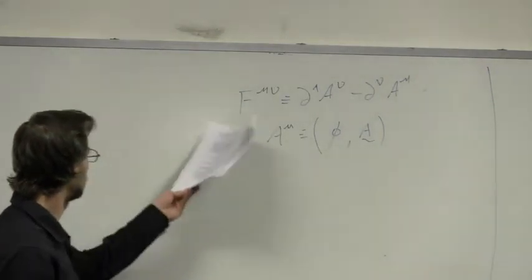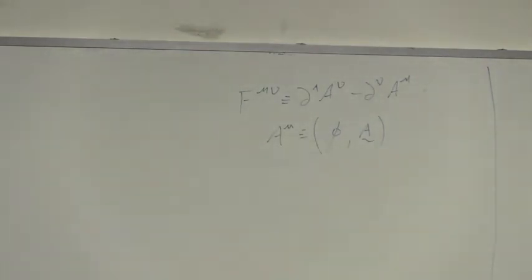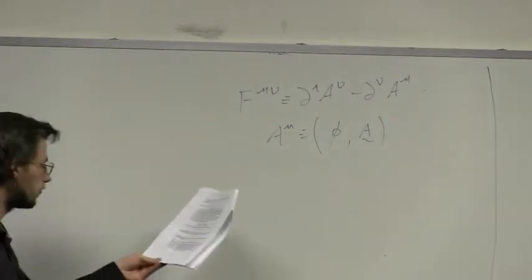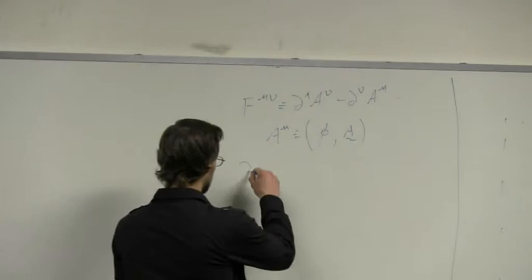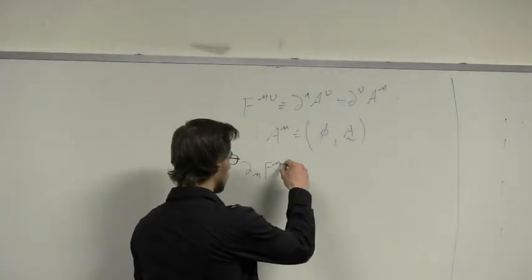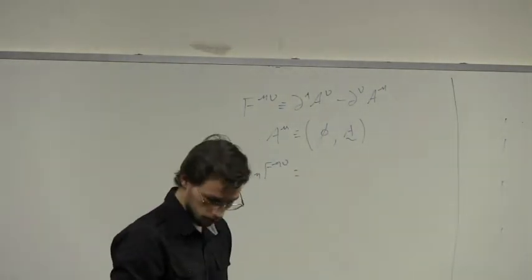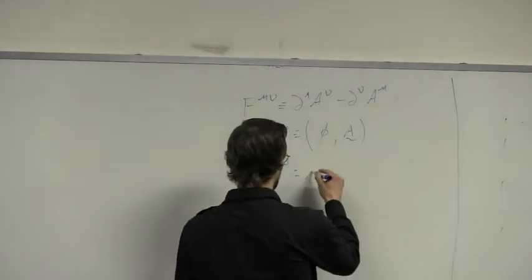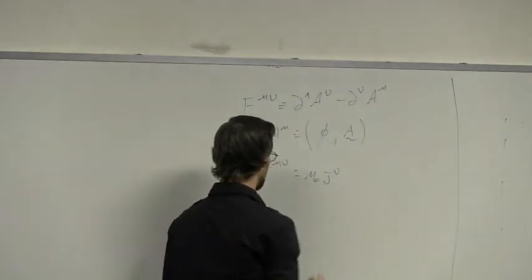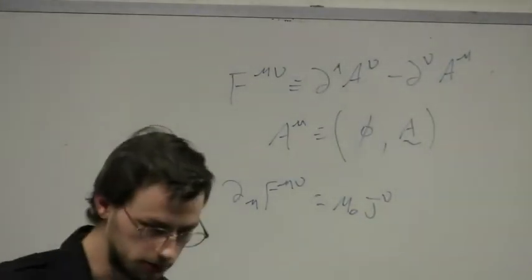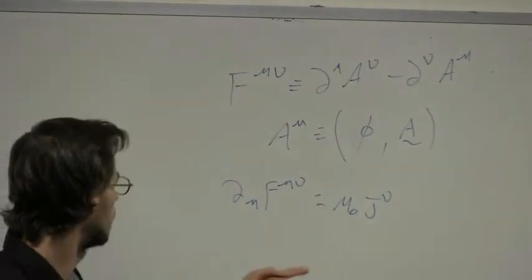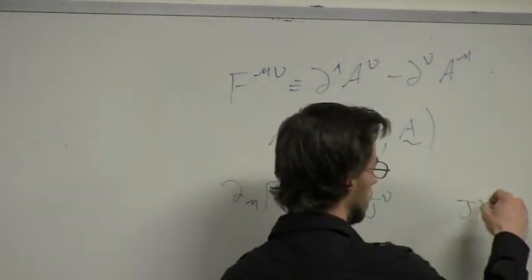And so if you perform this technique, say on phi, you'll get an equation: partial mu F mu nu is equal to mu naught J nu. You'll get something like this. And what this finds for you is two of Maxwell's equations. Let me define this.